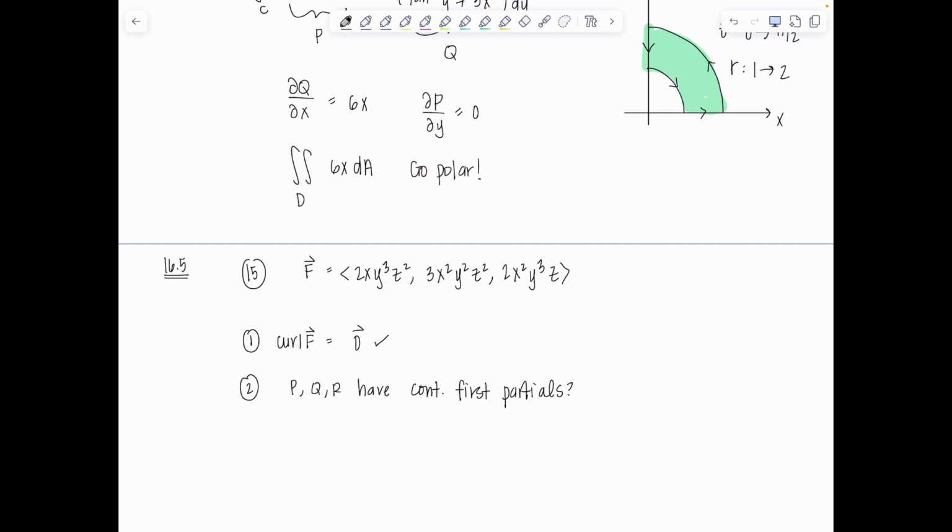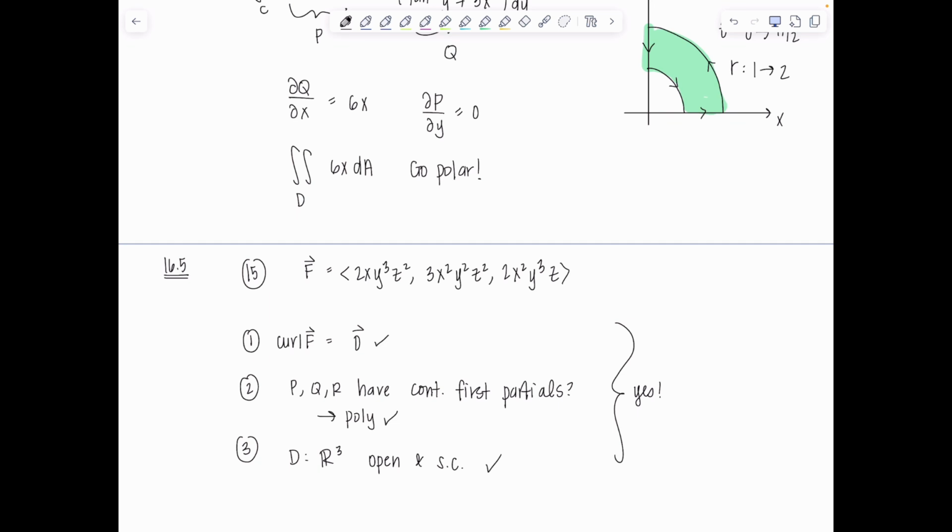Polynomial. So yes. And then what's the domain for the vector field? It's R cubed. Very good. Is that open and simply connected? Yes. Are we going to just say SC is simply connected? Yeah. I always have to add part 2 and part 3 for this type of question. It's always a 3-part question.